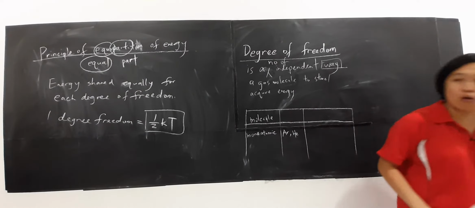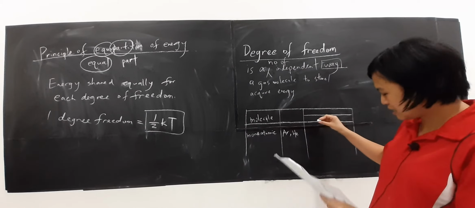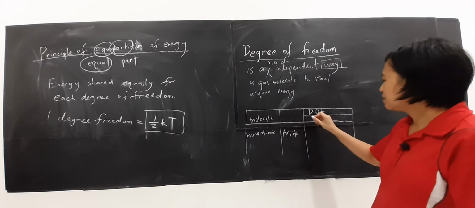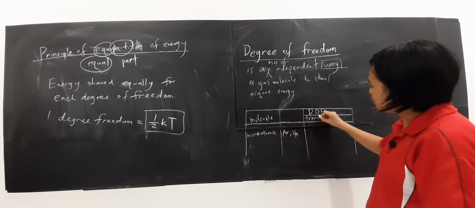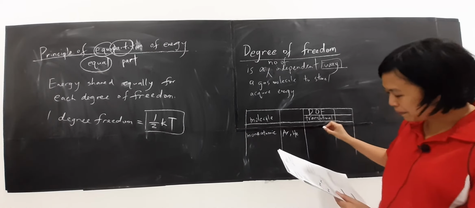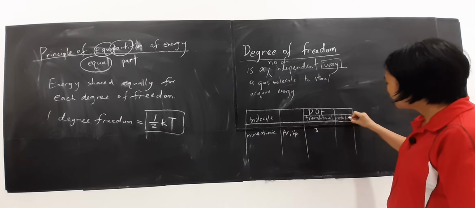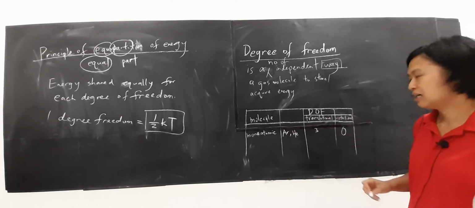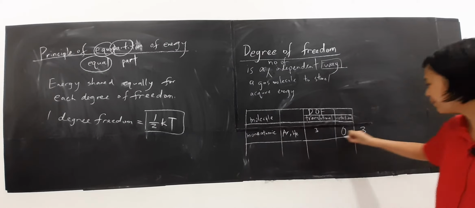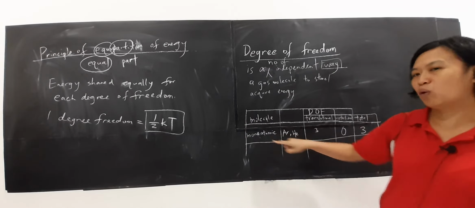So for monoatomic atom, from translational motion, degree of freedom is 3. For rotational motion, degree of freedom dia lain, 3 tambah 0. Total degree of freedom for monoatomic adalah 3.